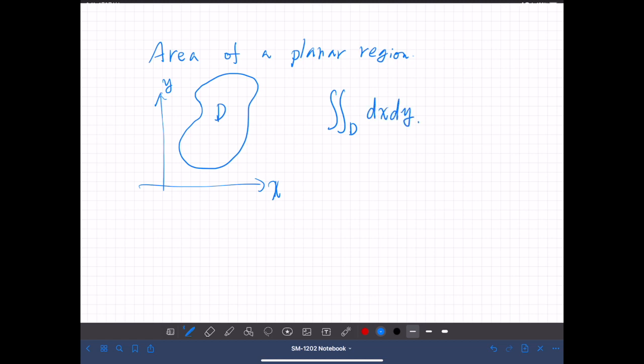So this is the integral of a constant function, that is, f of x y is equal to 1.